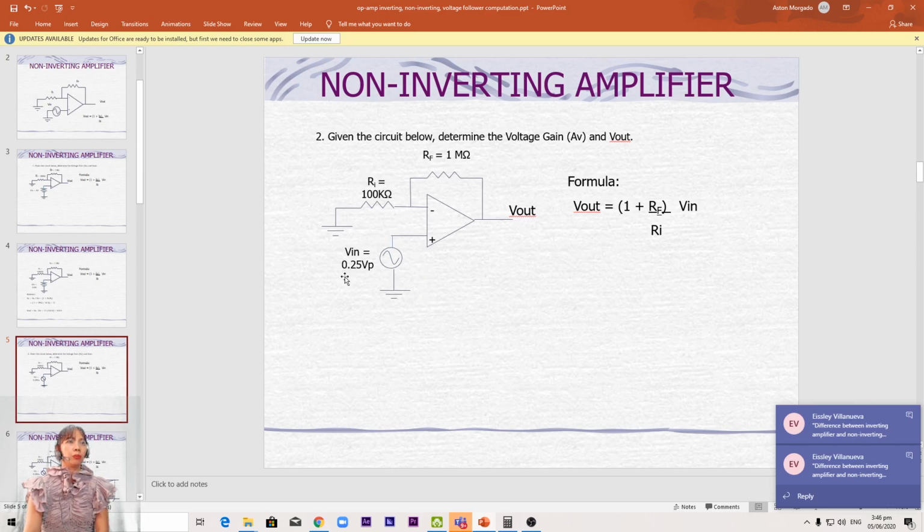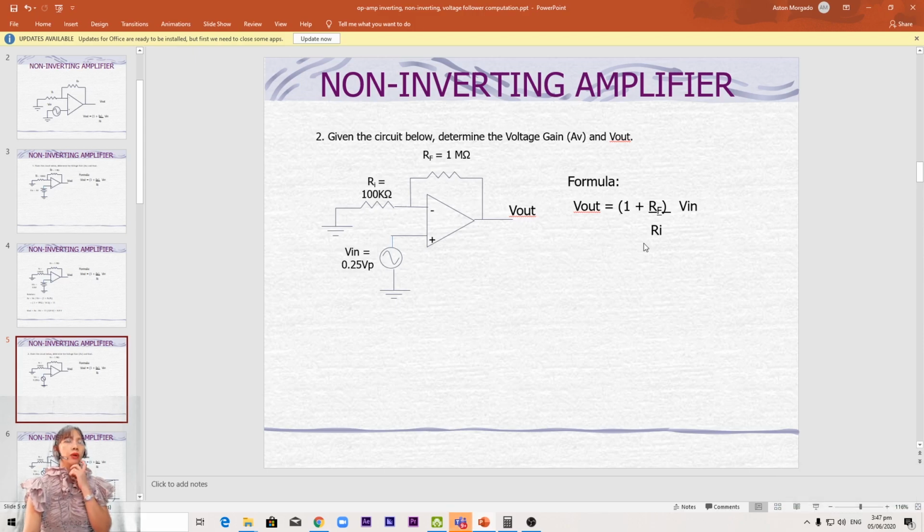So we have Vin of 0.25 volts peak. Again, this is a non-inverting amplifier because the input is connected to the positive. So Vout is equal to 1 plus RF over Ri times Vin.